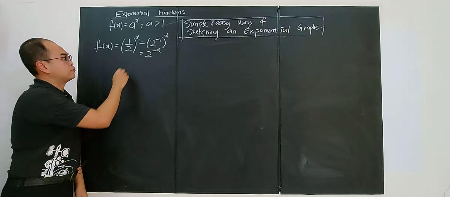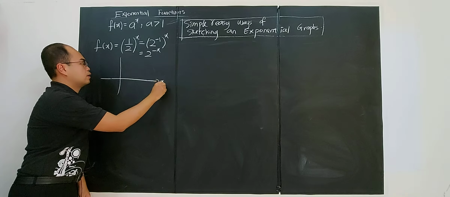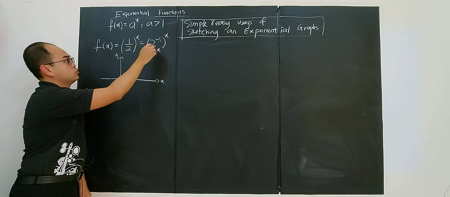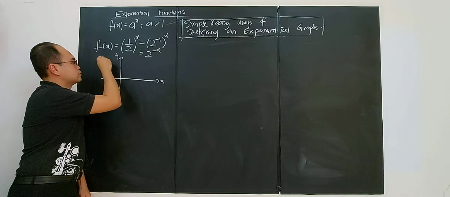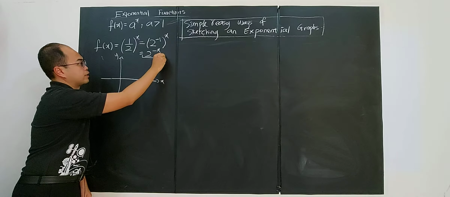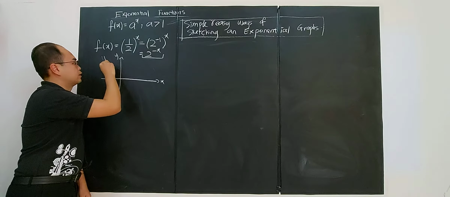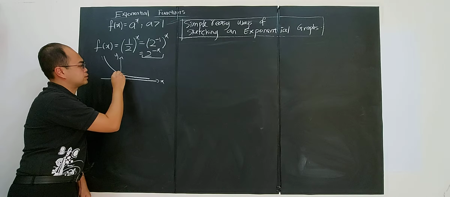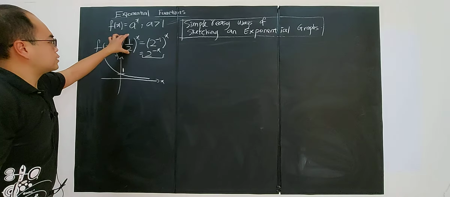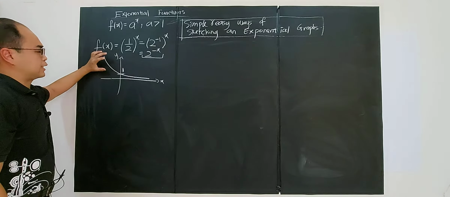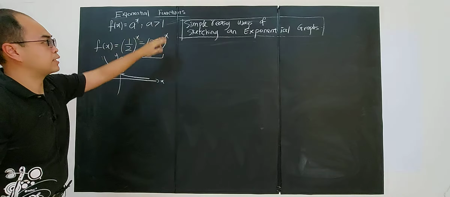Then from here you can sketch the graph for f(x) equals 1 over 2 to the power of x, which is f(x) equals 2 to the power of negative x, which turns out to be this way. This is 1, right? So if you want to follow the method that I introduced, you have to make the base become a number that is greater than 1.